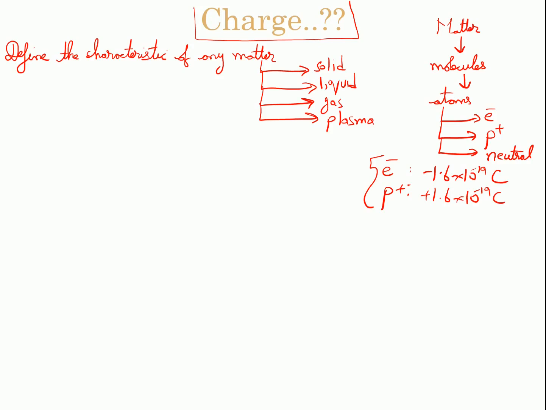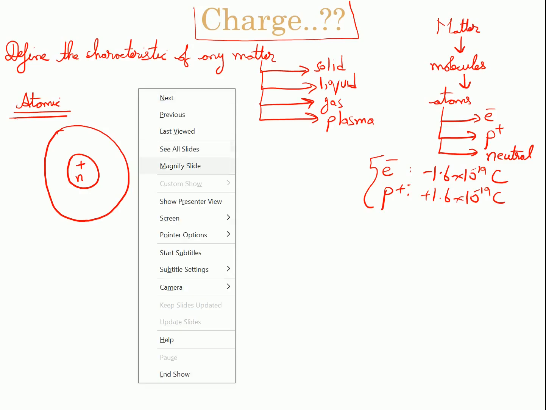If we again focus ourselves on an atom, let's say we take any atomic model, we know an atom consists of a central nucleus that has protons and neutrons, and it is surrounded by orbits or shells that have electrons in them.